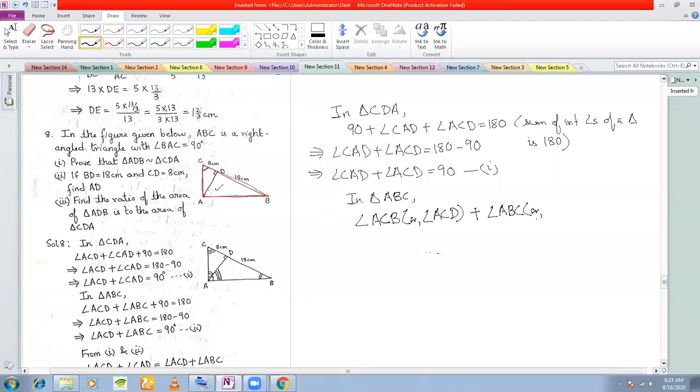Now ABC you can also write as ABD, right? By ABC, which angle do I mean? By ABC, I mean this angle, which you can also write as ABD plus 90, because this angle is 90 given to you is equal to 180. So that means angle ACD plus angle ABD.